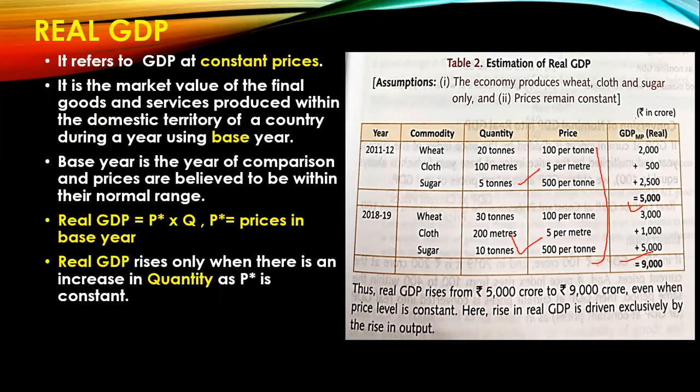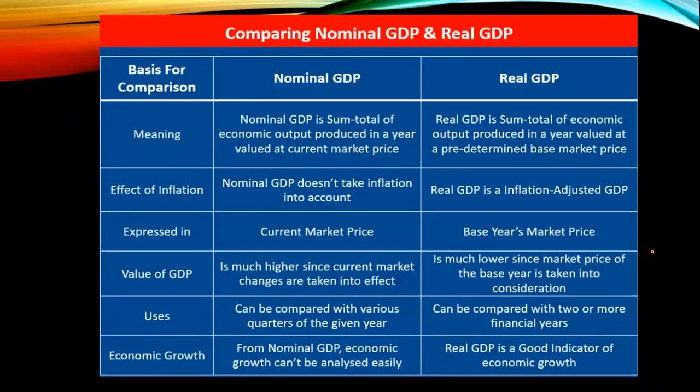So overall, when you measure GDP at constant prices, known as base year prices, you get real GDP because prices are constant. Out of these two, nominal and real GDP, real GDP is a good indicator of economic growth because it tells you the actual amount of production that has happened in your economy, in your country.